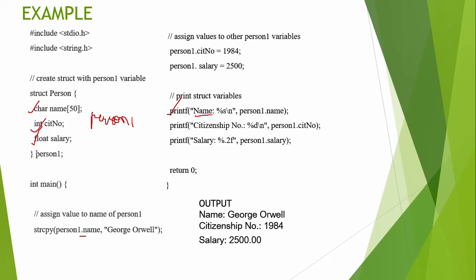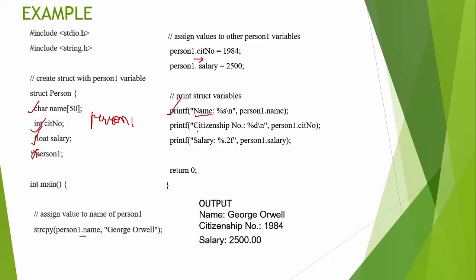Suppose instead of person1 we create a pointer structure variable, that is, asterisk person1, then it will be a pointer to a structure. For invoking the data member of it, instead of the dot operator, we will be using the arrow. That's a small difference between a normal variable and a pointer variable to a structure.